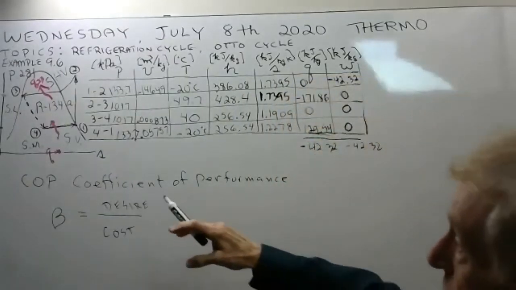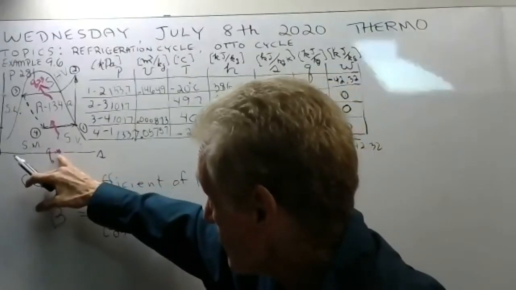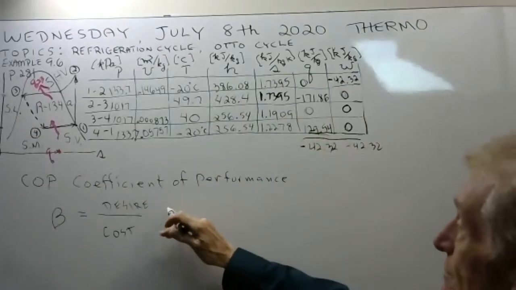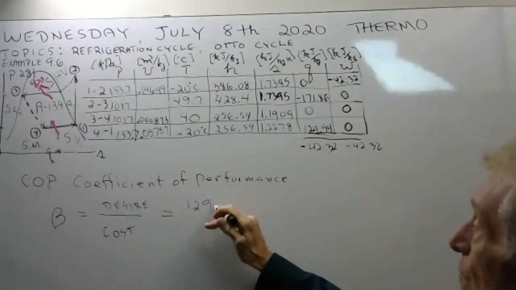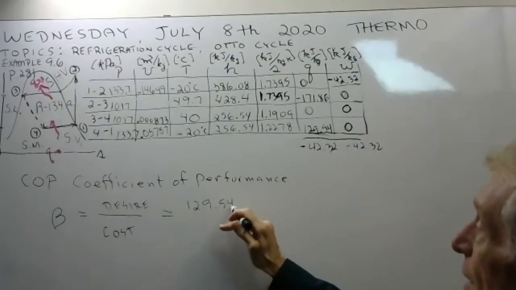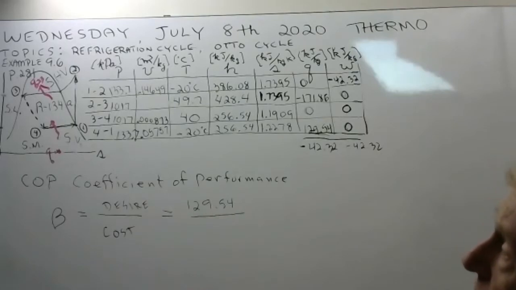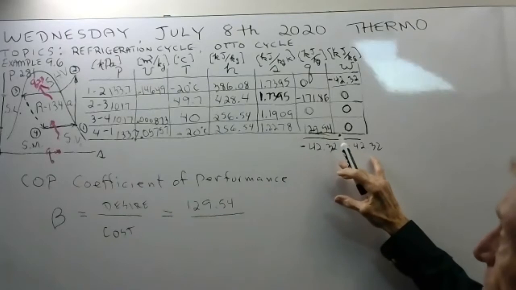No, what you want is this q41 here. If you can read my writing, that's supposed to say 41. That's the 129.54. That's why you bought it. Now, what does it cost you? Well, it costs you the 42.32.